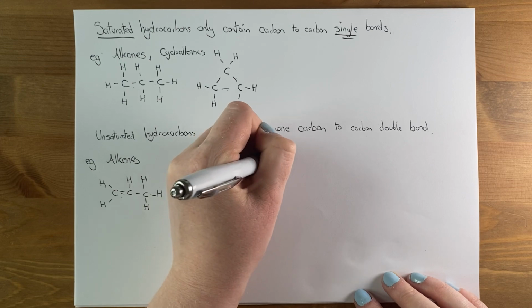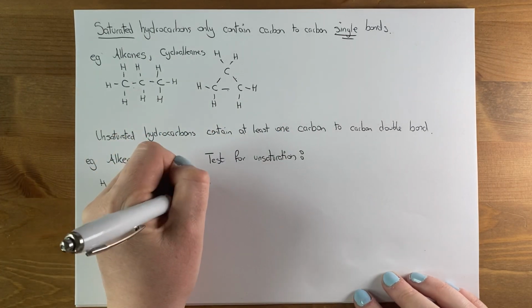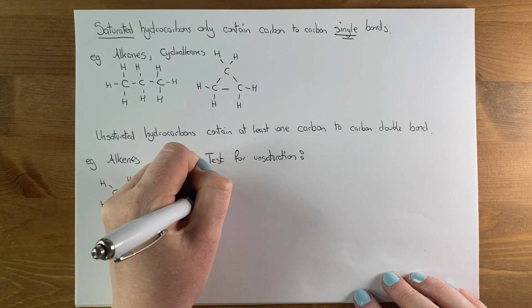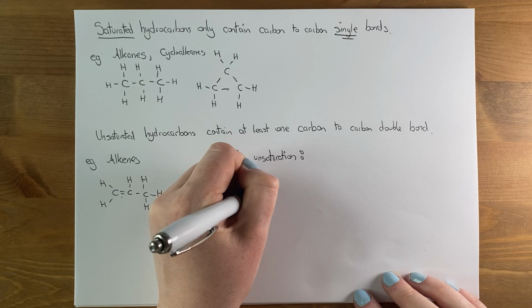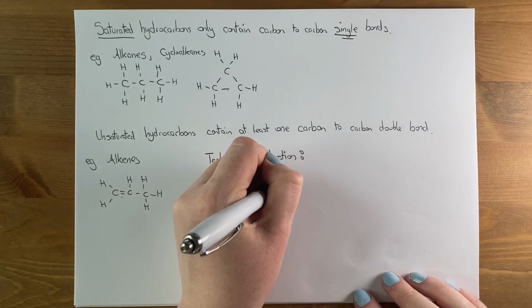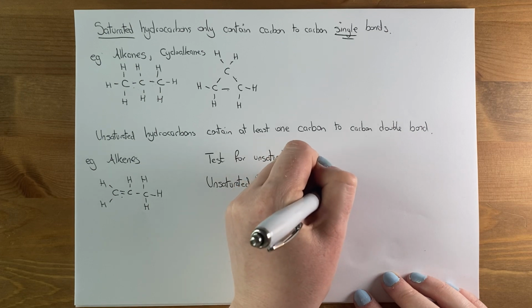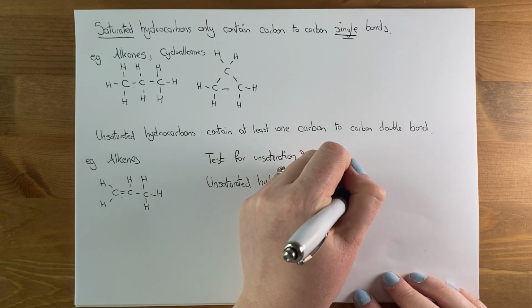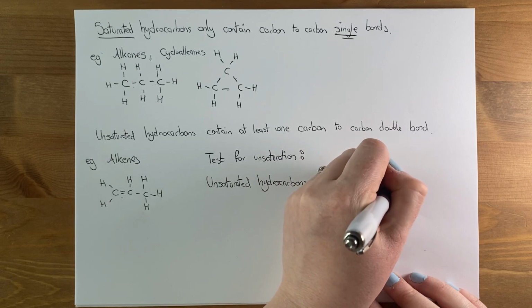Now, there is a test for unsaturation. And this is quite important, and we need to know this in National 5. So the test for unsaturation: unsaturated hydrocarbons will decolorize bromine water or bromine solution.